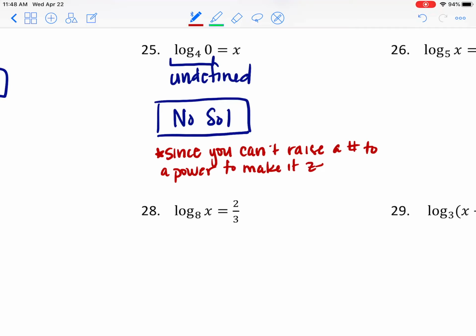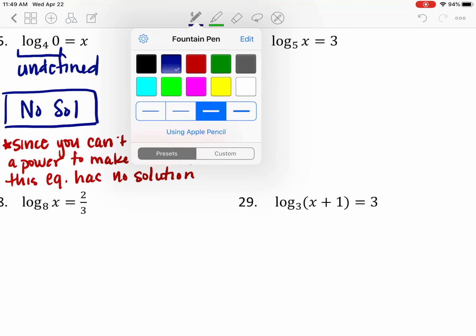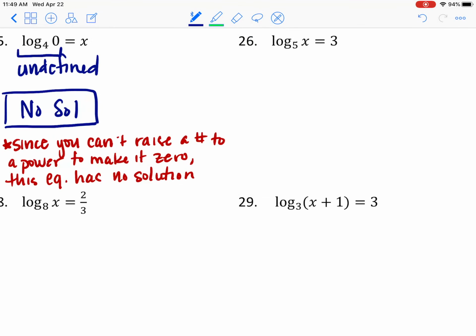Since you can't raise a number to a power to make it 0, whenever you have a 0 in there as an argument, it's not going to be possible. There will not be a solution to this equation. So this equation has no solution. The calculator told you, though, that it was undefined, so that's your clue there, all right? And we're going to talk more about restrictions when we get to functions, okay?